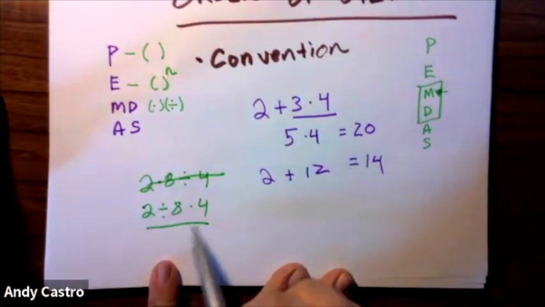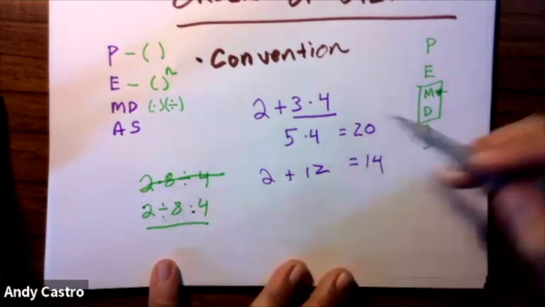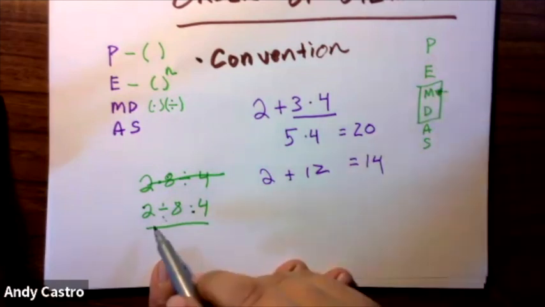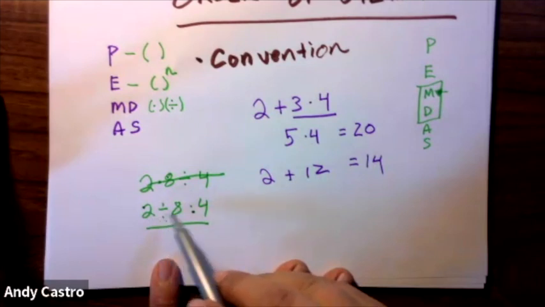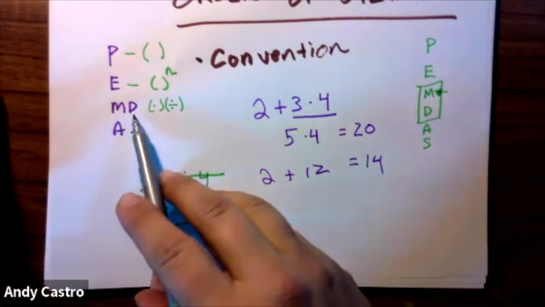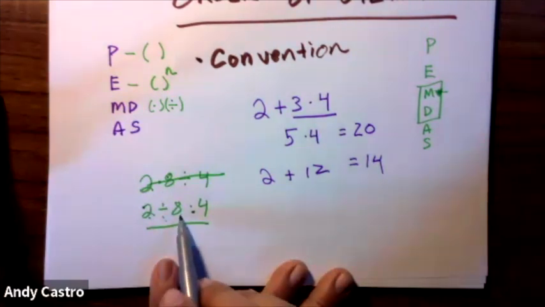But in this case, where I have division first right next to multiplication, if we were to follow this convention that's sometimes taught, you would do the multiplication first, 8 times 4, and then 2 divided by that. And that creates a problem. We need to do multiplication and division left to right, which means I do the 2 divided by 8 first, and then multiply by 4.